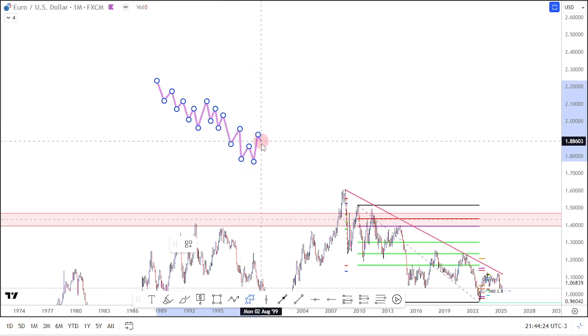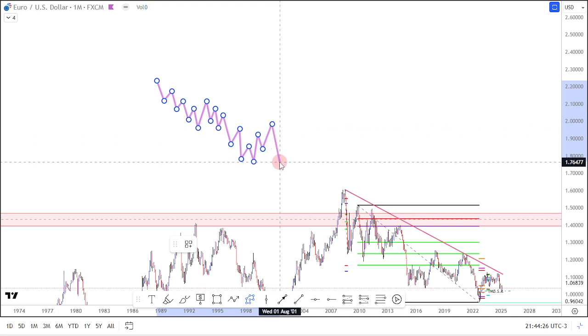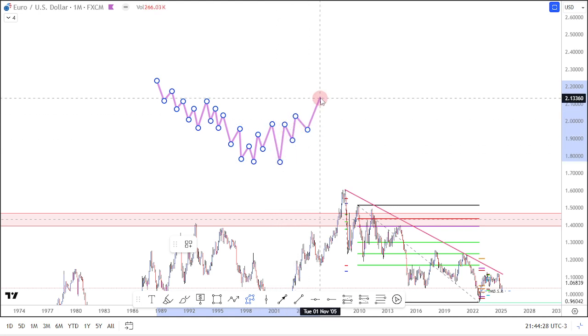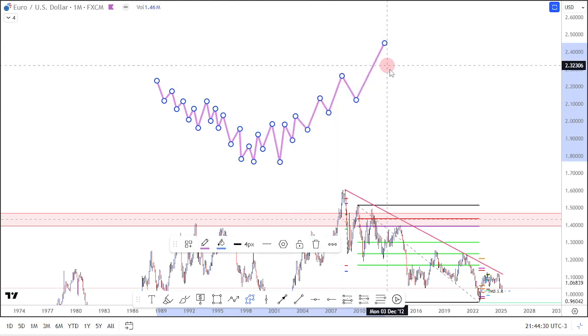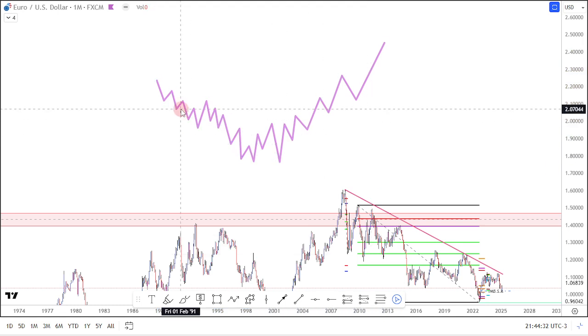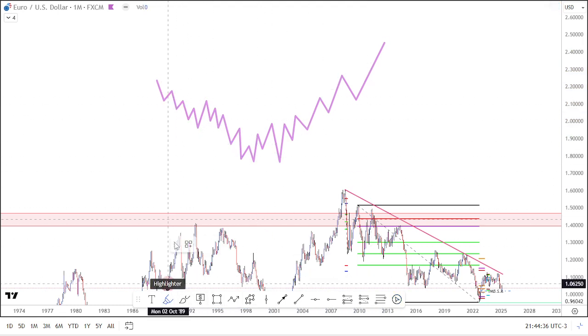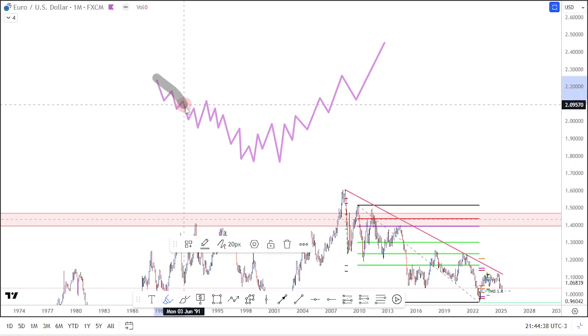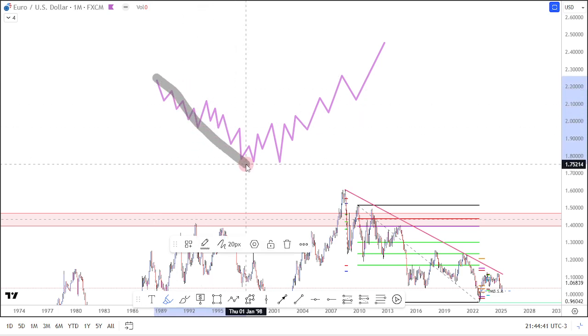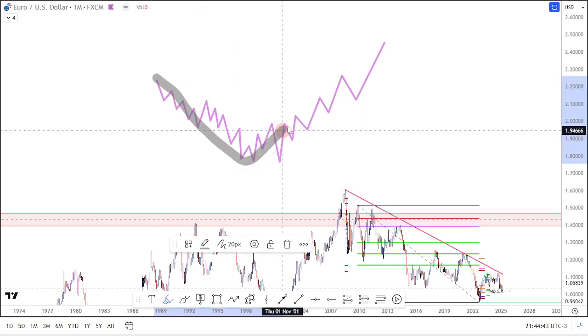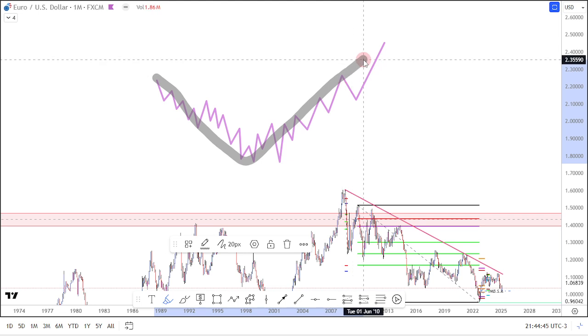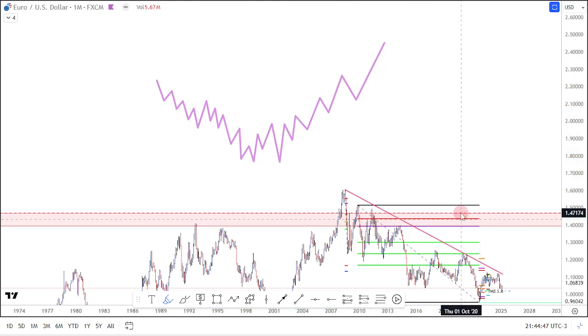Then later we're going to see this, and finally start going up again. So previously we have, then it's going to be like an extension, maybe a retracement, then an extension to the downside, maybe.